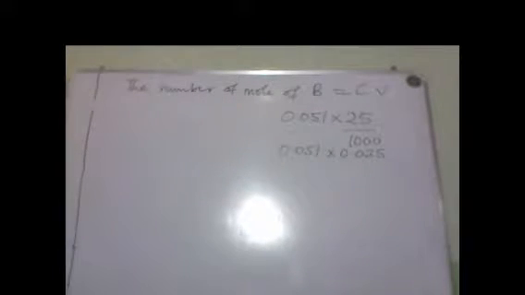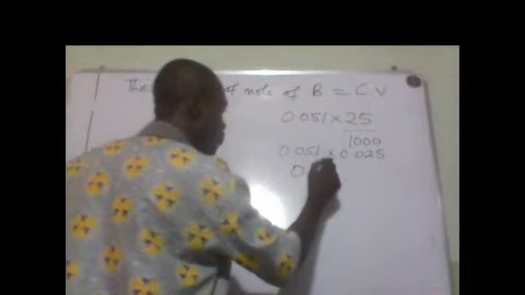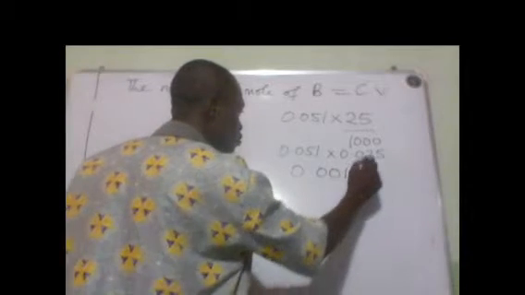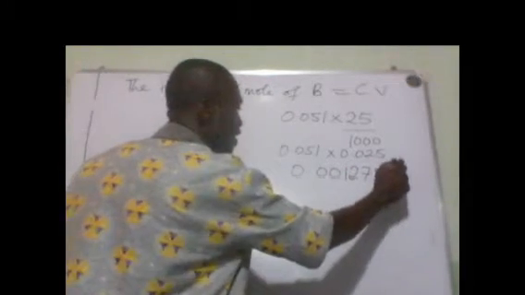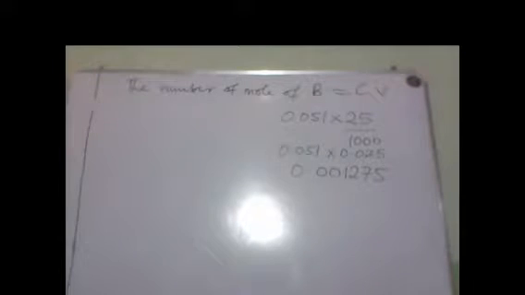So we now have a uniform unit for both the concentration, which is in mole per dm cube, and the volume of the pipette has also been changed to dm cube. If you multiply this, you are going to get 0.01275. You get that as your answer.